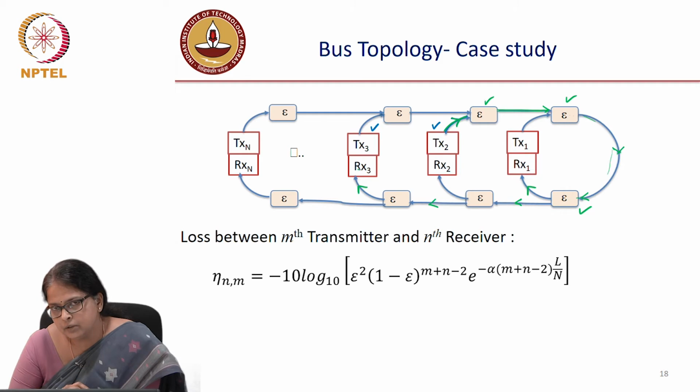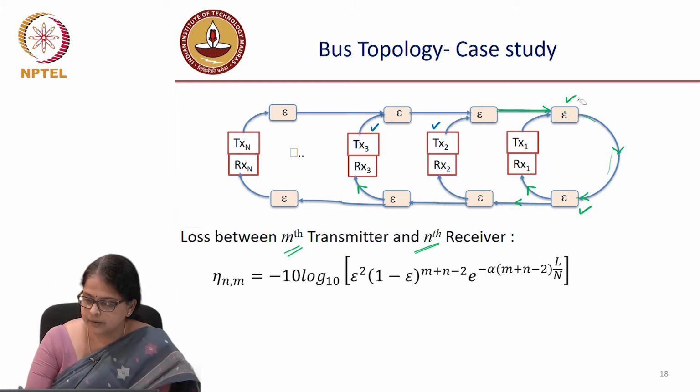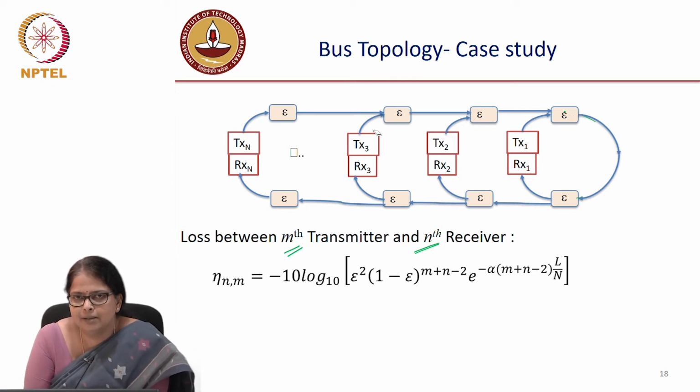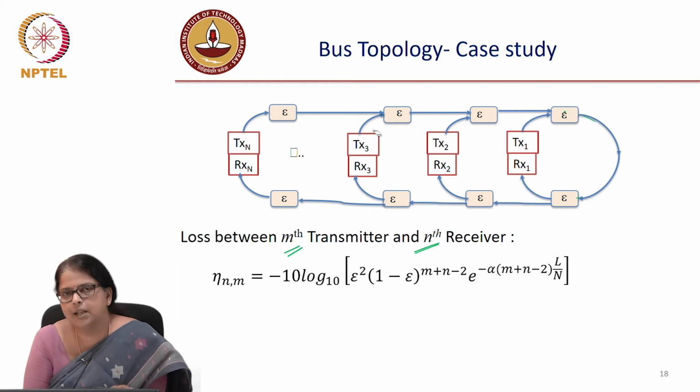So we are trying to write a general expression for the loss between the mth transmitter and the nth receiver, okay?